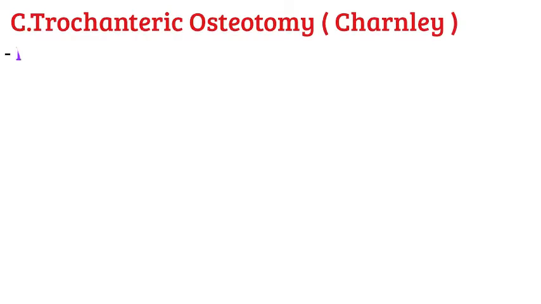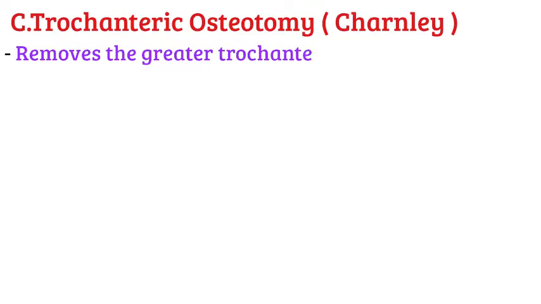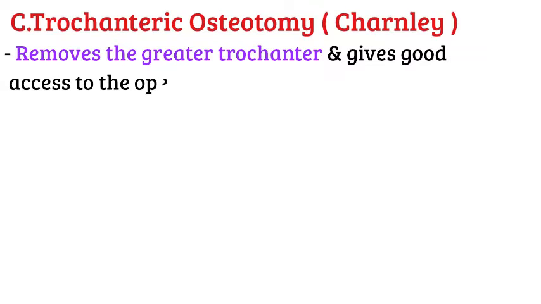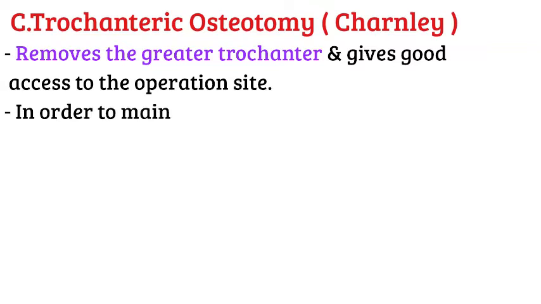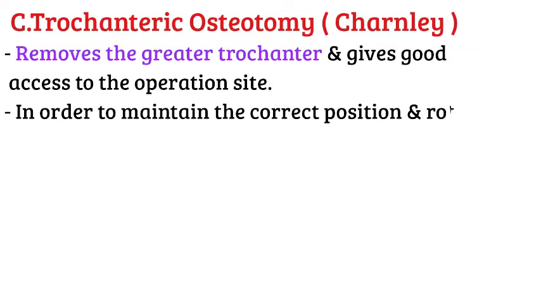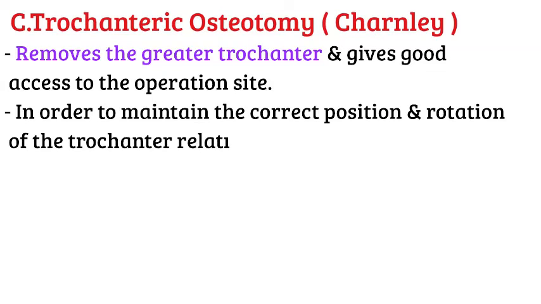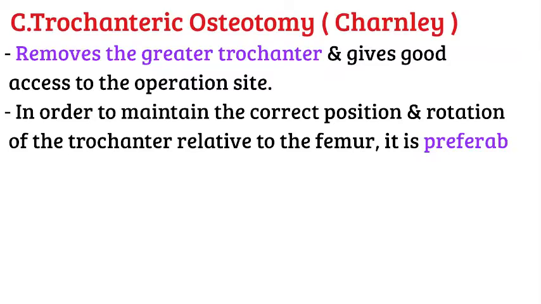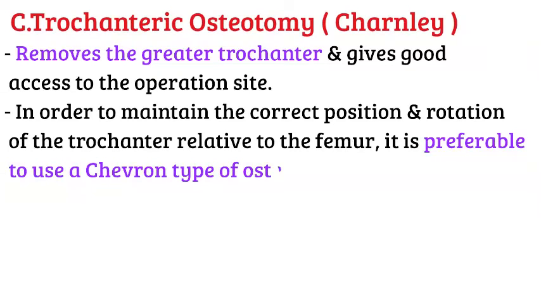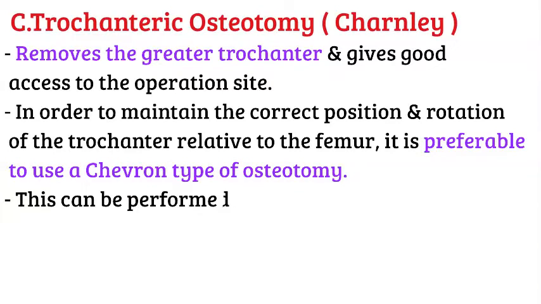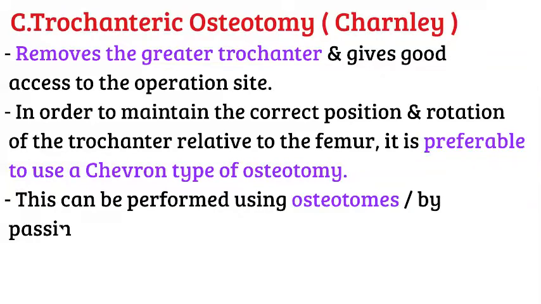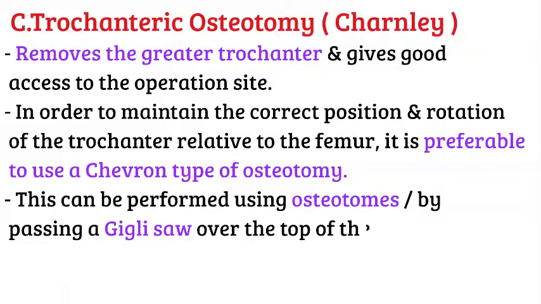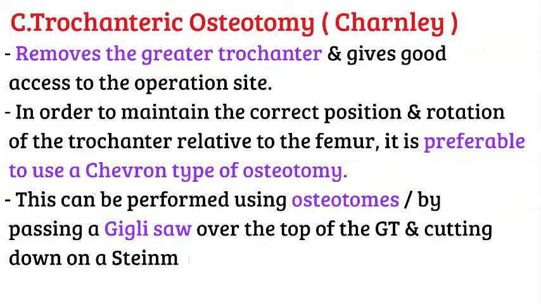C. The trochanteric osteotomy or Charnley approach. This approach removes the greater trochanter and gives good access to the operation site. In order to maintain the correct position and rotation of the trochanter relative to the femur, it is preferable to use a chevron type osteotomy.